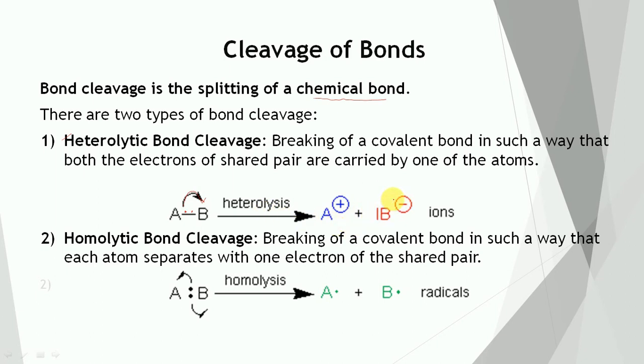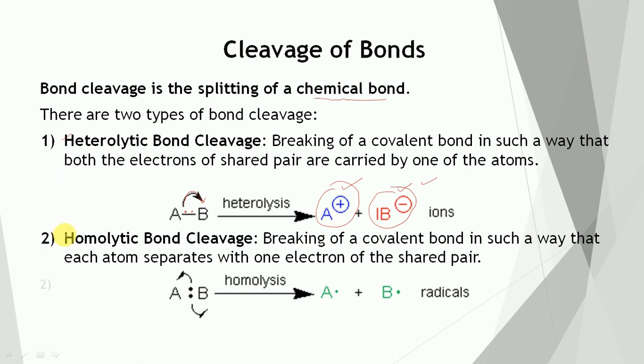So the negative charge will appear on B and the positive charge will appear on A. This type of bond cleavage leads to the formation of ions. In organic chemistry, if positive charge is carried by carbon, it is called a carbocation. If negative charge is carried by carbon, then it is called a carbanion.